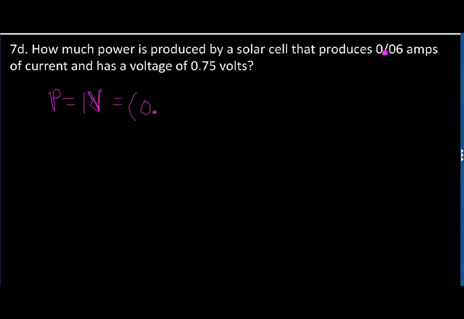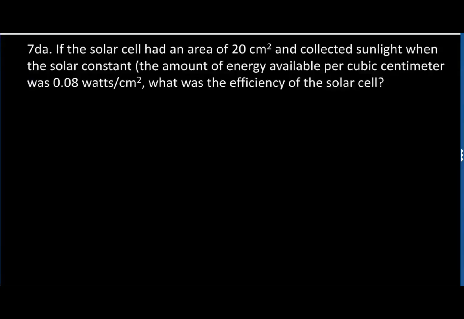So if our current is 0.06 and our voltage is 0.75, our power is going to be 0.045 W.